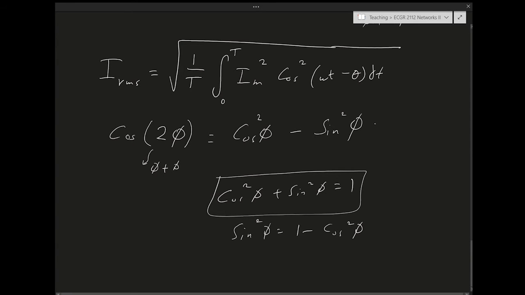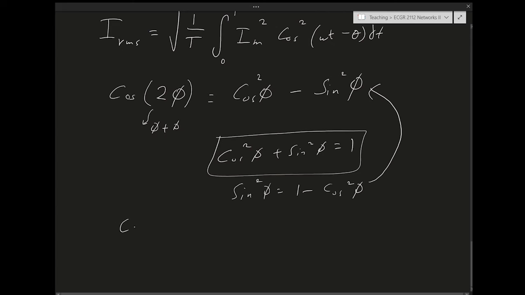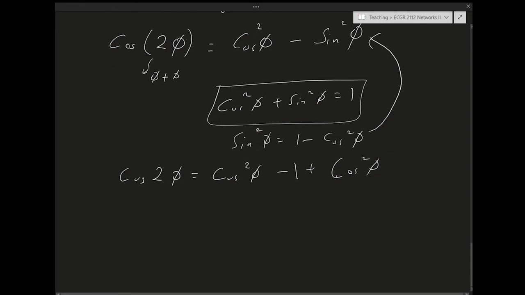So plug this back in there, I end up with cosine 2 phi equals cosine squared phi minus 1 plus cosine squared phi, I end up with 2 cosine squared minus 1.